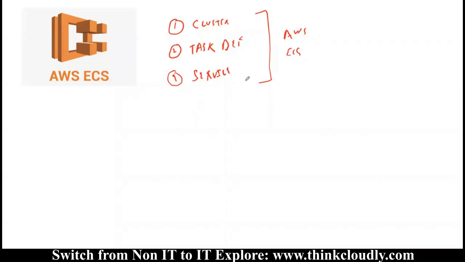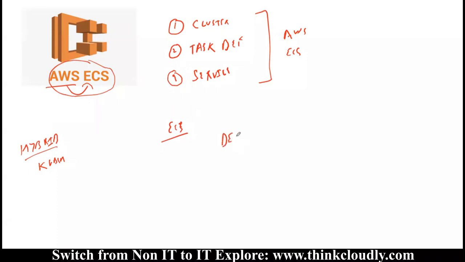Okay, and it's really interesting to know how these things work. So basically, what happens, guys, whenever you go to ECS, let's imagine that you're working in a cloud DevOps team. When you are working in a DevOps team, there will be a development team as well.